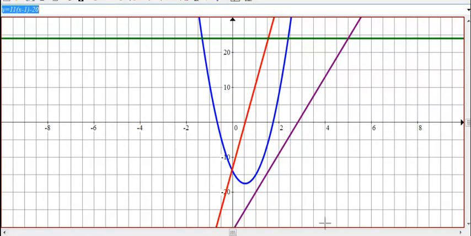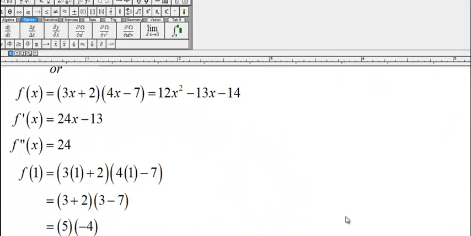Okay. Uh-oh. Our tangent line seems to be off a little bit. Let's see if I did something wrong there. Oh, I see it. Here I'll show you where the mistake is.